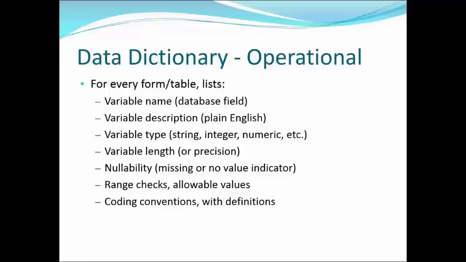Where did it come from? How did they code it? So you want to know whether it's a character variable or whether it's a number variable or a date. How long it is, as far as, does it have 3 characters? Does it have 5 characters? If it's supposed to have 5 characters and you come across something with 3 characters, there's a problem. And this data dictionary will help you know right off the bat that it's a problem.